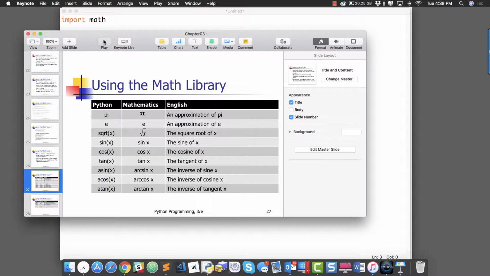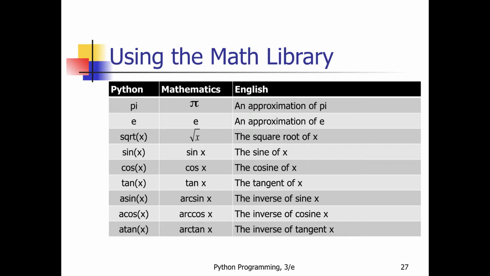So right here, you can see that if you want to use pi or have the value of pi calculated for you, so you don't have to declare it as a variable, you can use it because it's part of the math library. Same thing with square root. If you want to take the square root of a number, you would use the math library. You'd import it.